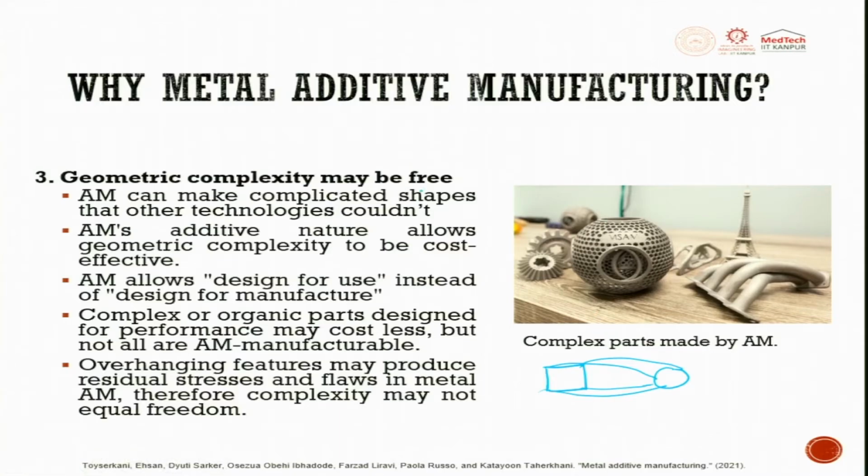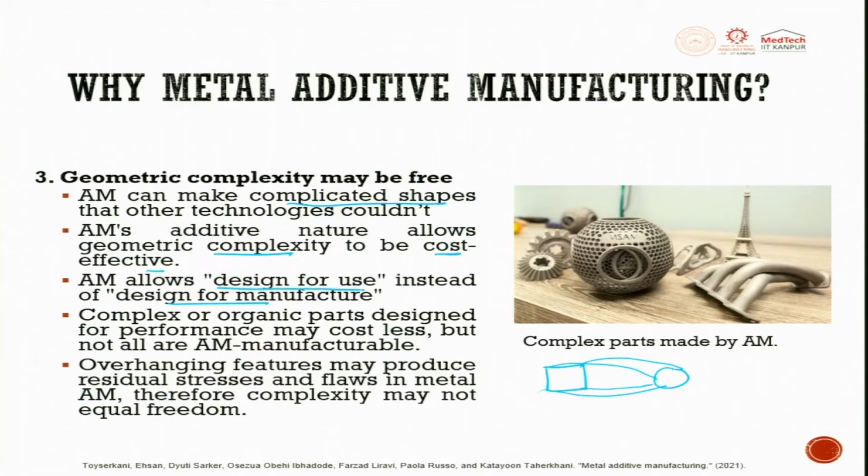Geometric complexity may be free here. AM can make complicated shapes that other technologies could not even think of. It allows geometric complexity to be cost effective. Design for use instead of design for manufacturing is now talked about when AM comes into existence.